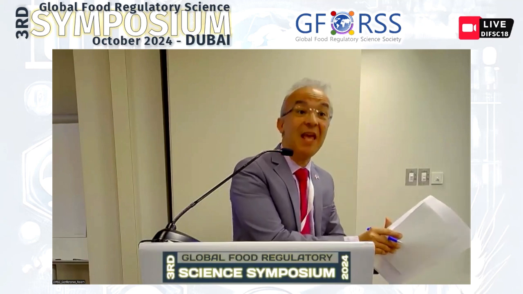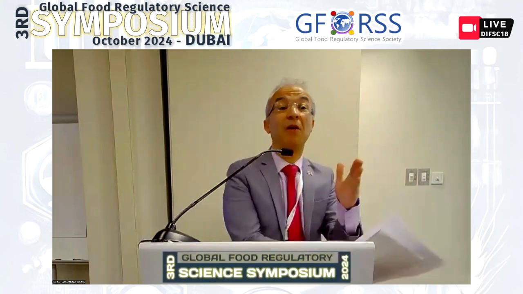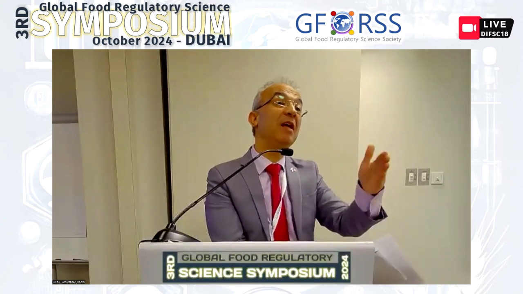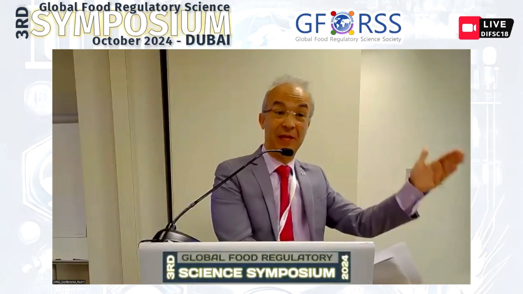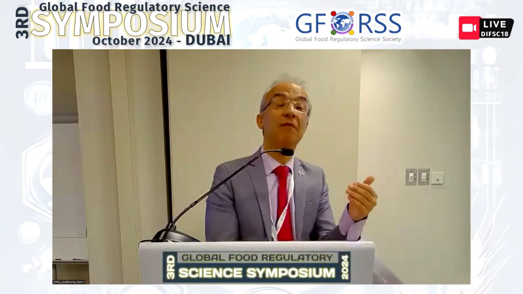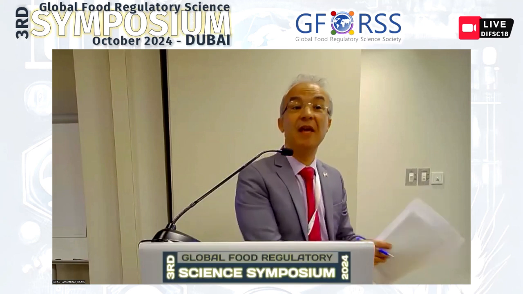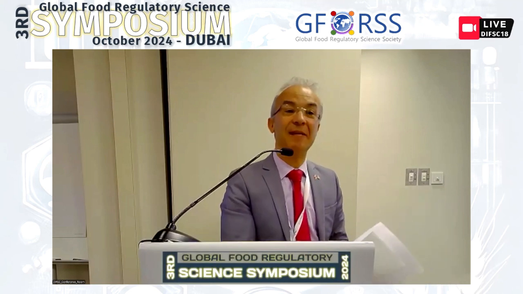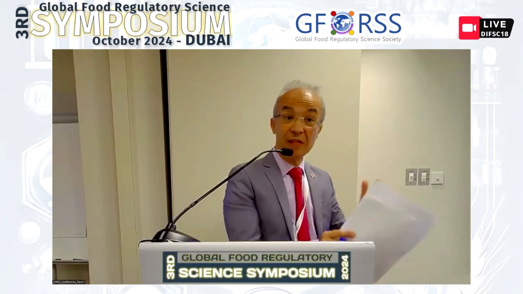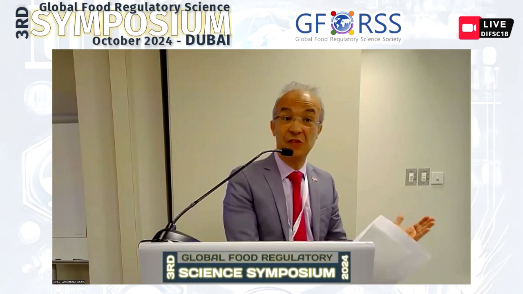This level is what we call the acceptable level of protection, the ALOP. And this acceptable level of protection is part of what we call the risk assessment policy. Each country, based on its risk management decisions, can set that acceptable level of protection. And that's why you may have differences in that regard.